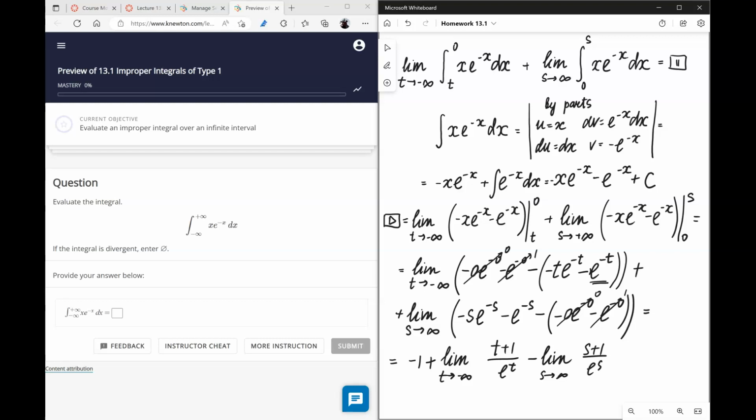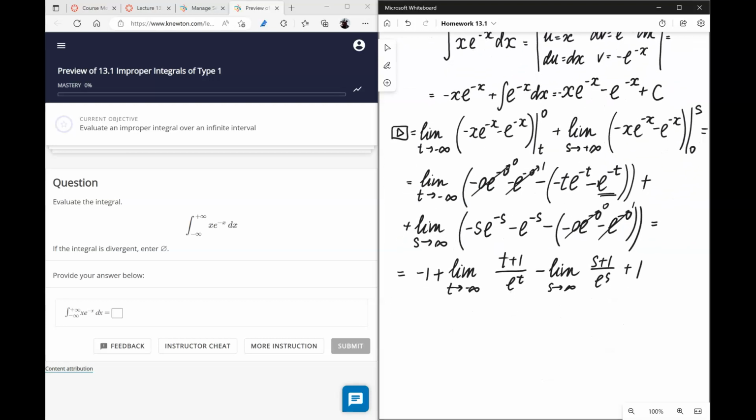And we have minus negative 1, so it looks like plus 1. So negative 1 and 1 cancel.